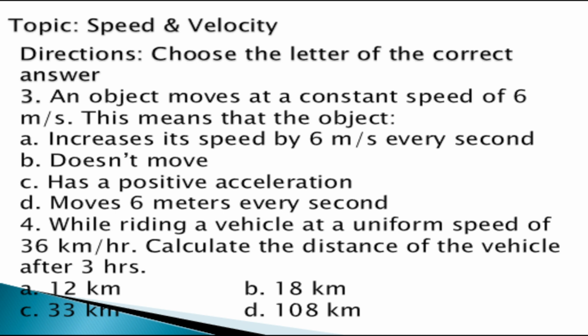Question number 4. While riding a vehicle at a uniform speed of 36 kilometers per hour, calculate the distance of the vehicle after 3 hours. A, 12 kilometers. B, 18 kilometers. C, 33 kilometers. And letter D, 108 kilometers.